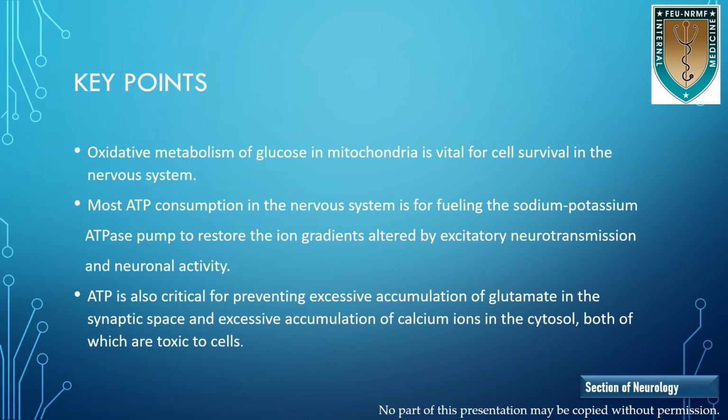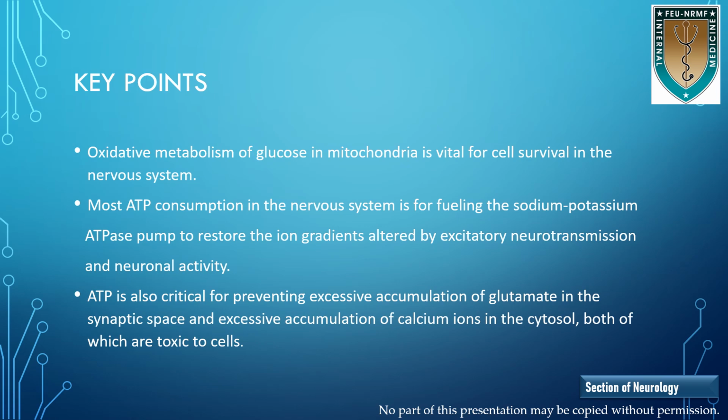Okay? Oxidative metabolism of glucose in the mitochondria is vital for the survival of the cell in the nervous system. So you need both oxygen and glucose supply. Next, most ATP consumption in the nervous system is for fueling the sodium-potassium ATPase pump to restore the ion gradients altered by excitatory neurotransmission and neuronal activity.